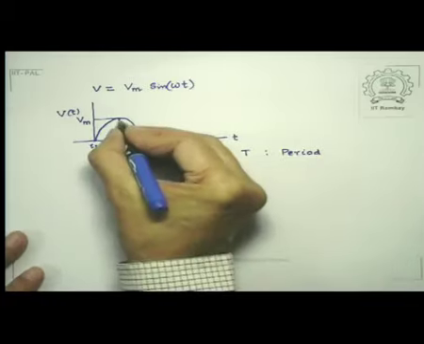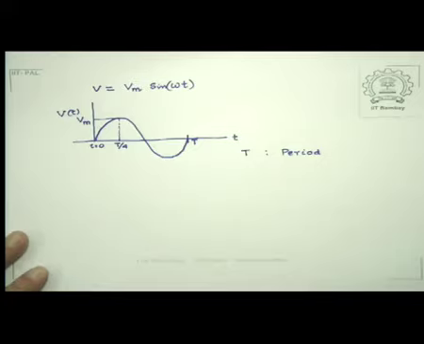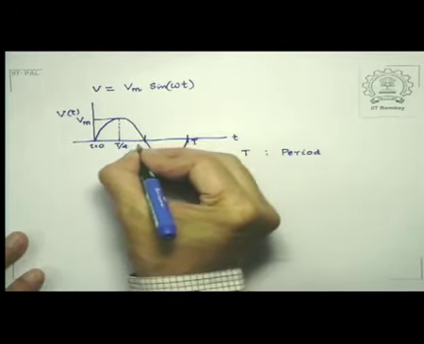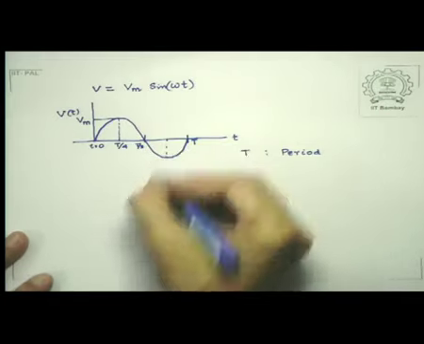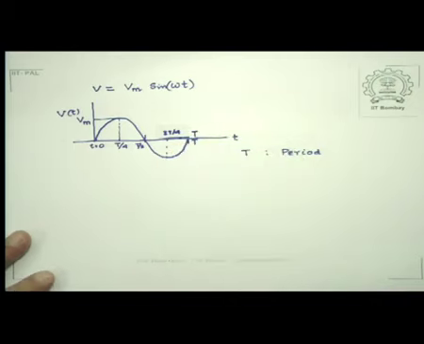So T by 4 after the initial time, the voltage becomes maximum, and this is T by 2, this point where it becomes maximum but in the negative direction is 3T by 4, and this is full cycle T.